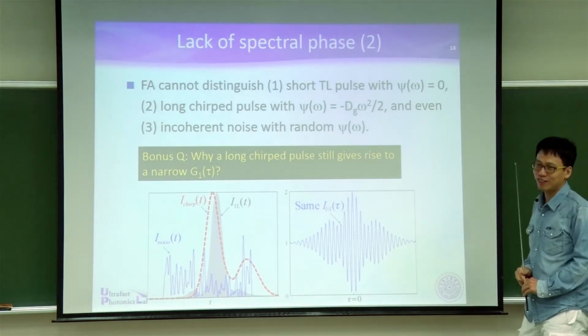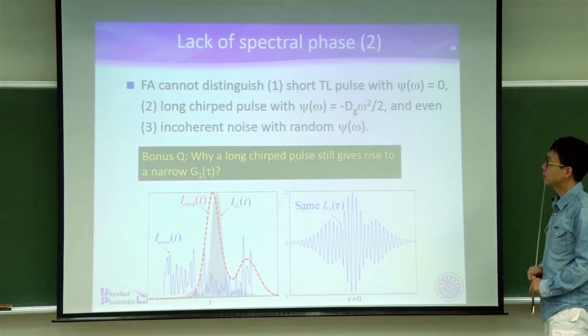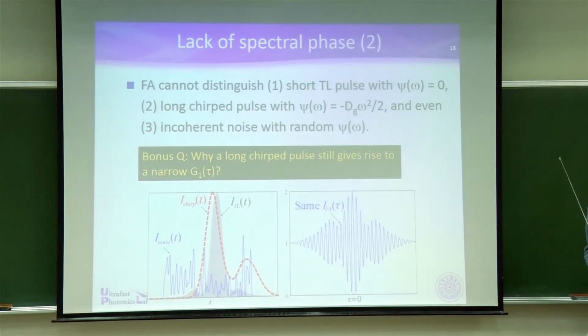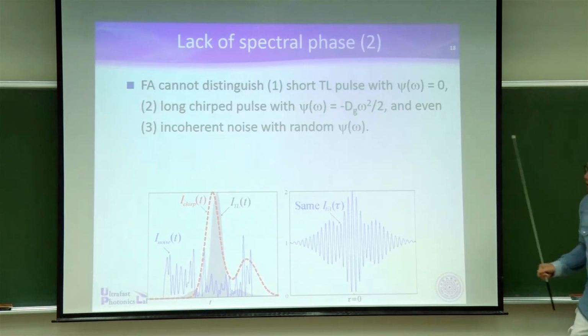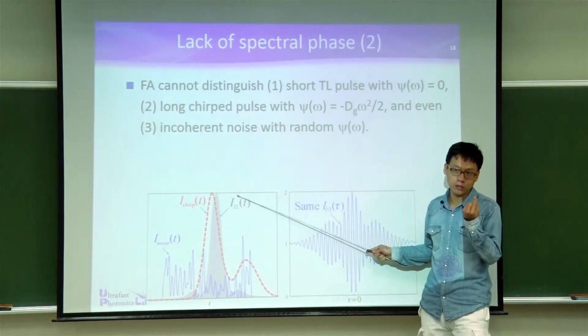Bonus question. Why does a long chirped pulse still give rise to a narrow field autocorrelation trace? So let me clarify this question a little bit. See, the transform limited pulse is a narrow pulse, right?